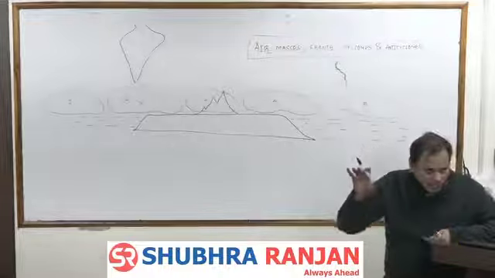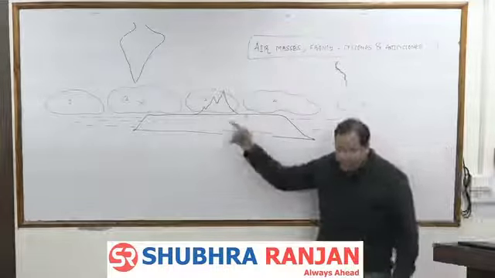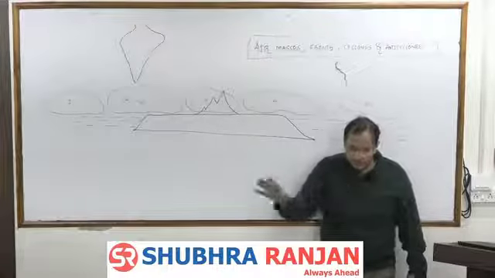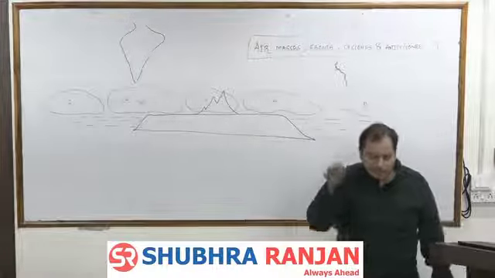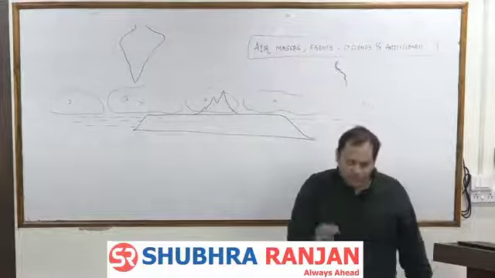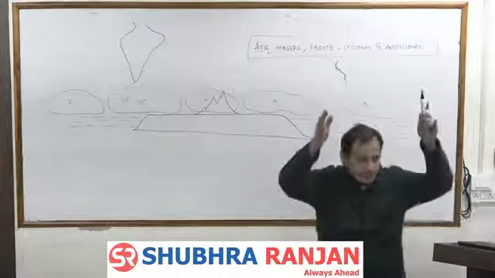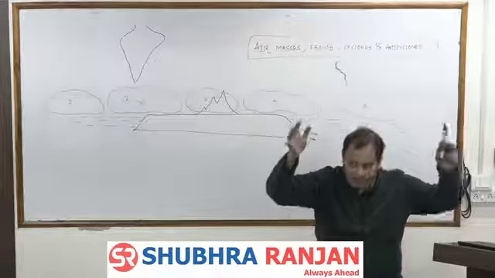Air masses ke liye air has to be constant. If this air is at the equator, what will happen? This air will rise up, and therefore air masses cannot originate at the equator. The best area of the origin of the air masses is where the air is constant, that is the subtropical high pressure belt, jahan pe the air is coming down.